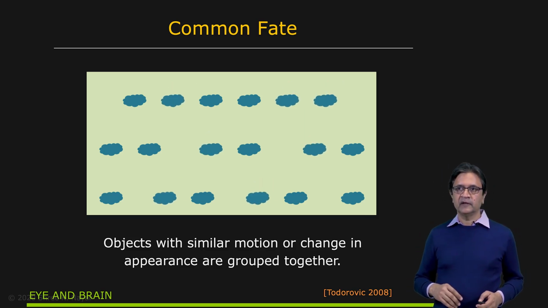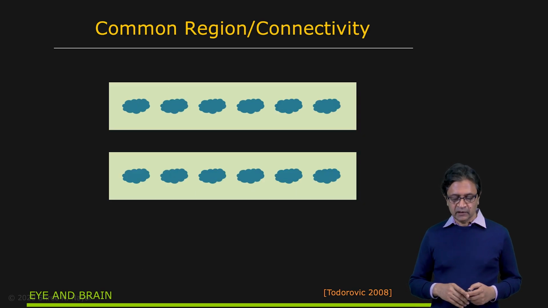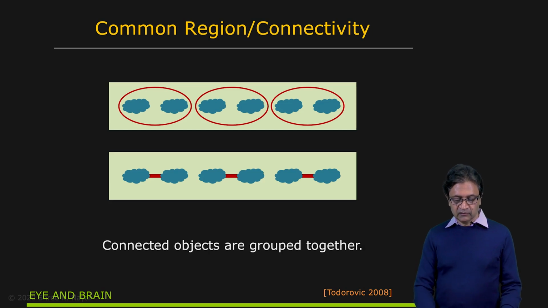So that's common fate. And then there is common region or connectivity. So in this case, if you have a closed region right here, you put a boundary around this, this becomes a very strong cue that this is one subgroup right here, this is a separate subgroup.